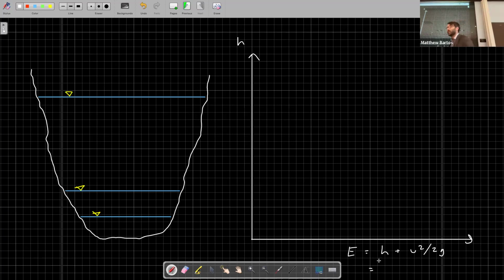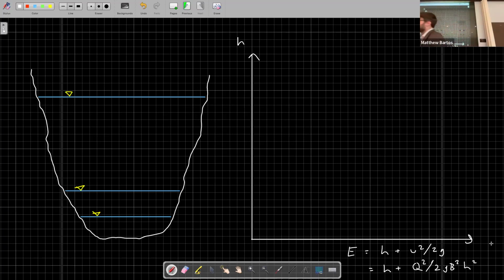Now note that if the channel geometry is constant and the discharge is constant, specific energy becomes just a function of the depth. So this will be h plus q squared divided by, let's just say it's a rectangular channel, so this would be 2g b squared h squared.